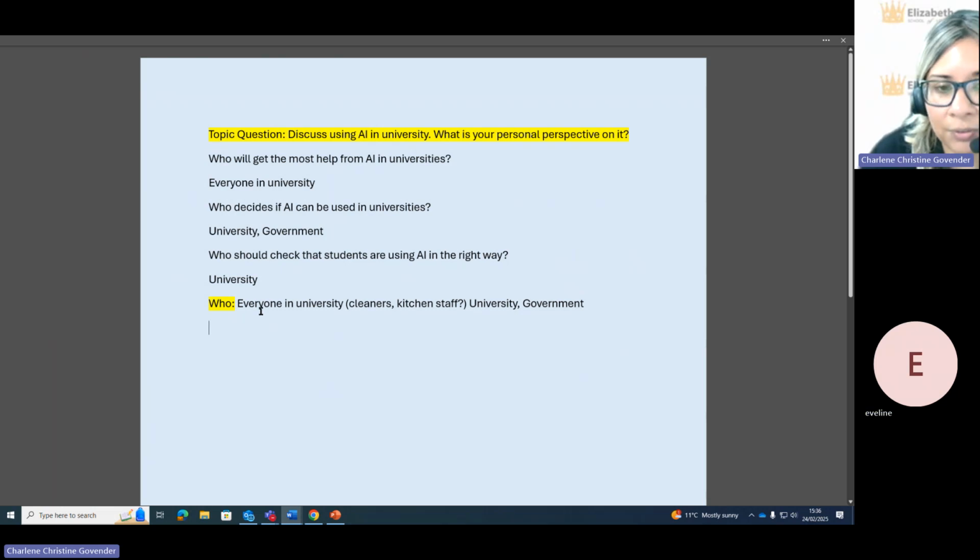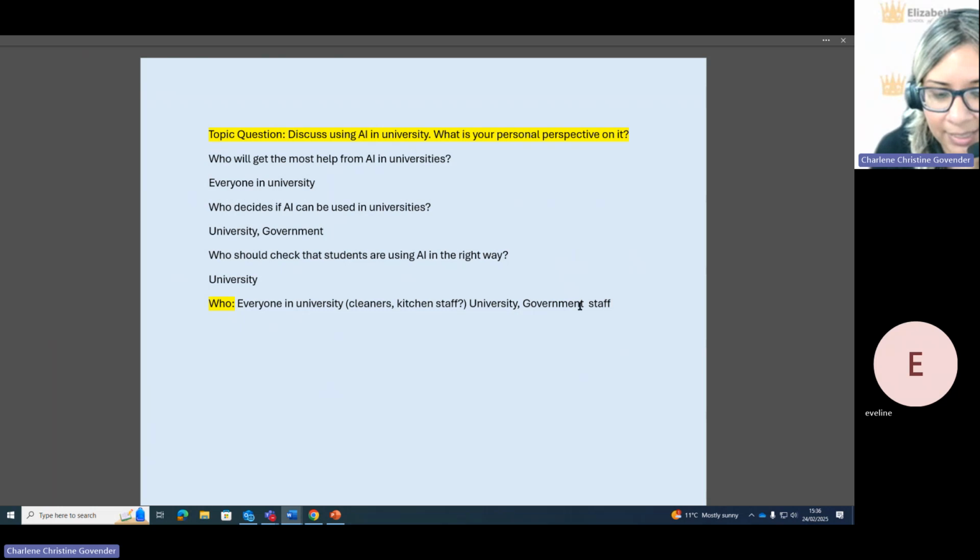So it's everyone in university, but we need to find who exactly. Is it students? Is it lecturers? We're not sure because we'll look at that later. Next will be university and then government staff.